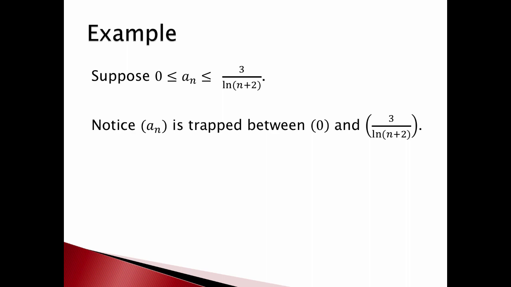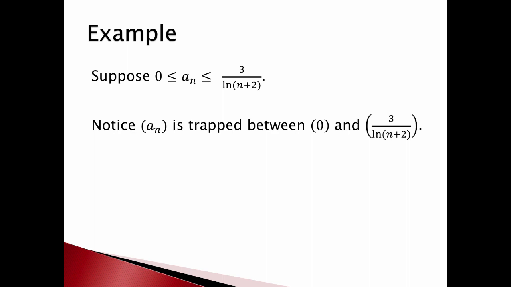It's a really boring sequence, but that's a sequence. And so the terms in my sequence a sub n are trapped between 0 and 3 over log of n plus 2. Well, what happens to the sequence 0, 0, 0, 0? Obviously its limit is 0. It's not only going to 0, it's already there.